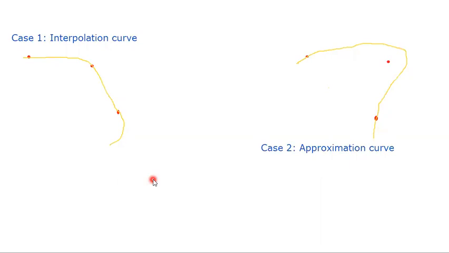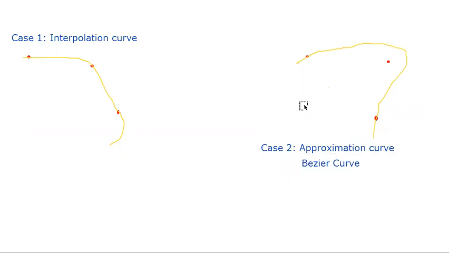Now the topic of discussion is the Bezier curve. Which one does the Bezier curve belong to? That is very important. The Bezier curve belongs to the approximation curve.